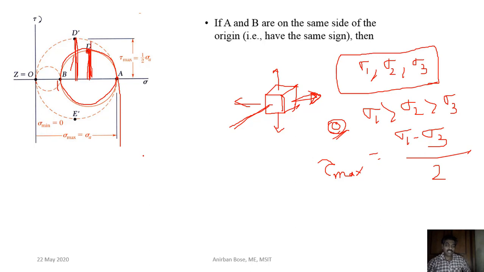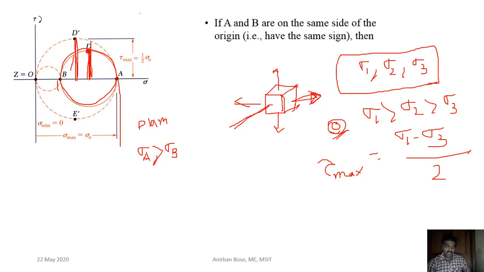For a plane stress situation, suppose sigma A and sigma B are the principal stresses, and suppose sigma A is greater than sigma B. We are talking about a plane stress situation, which means perpendicular to that plane there is no stress present.